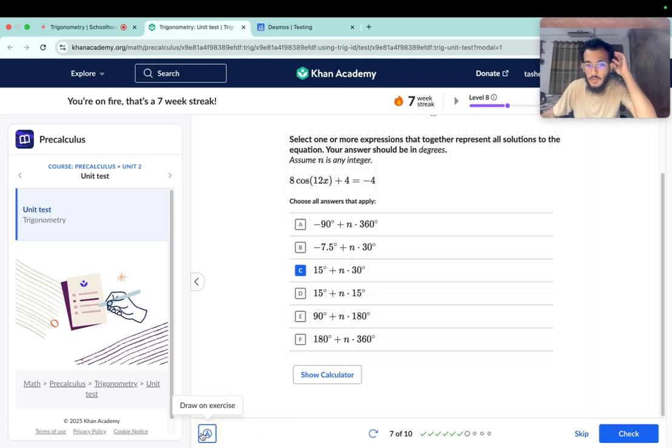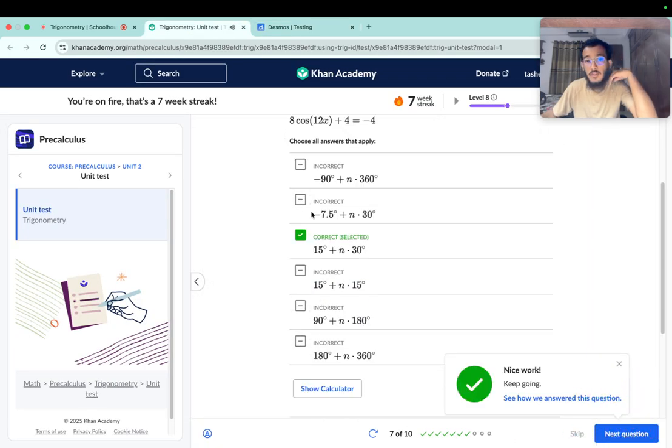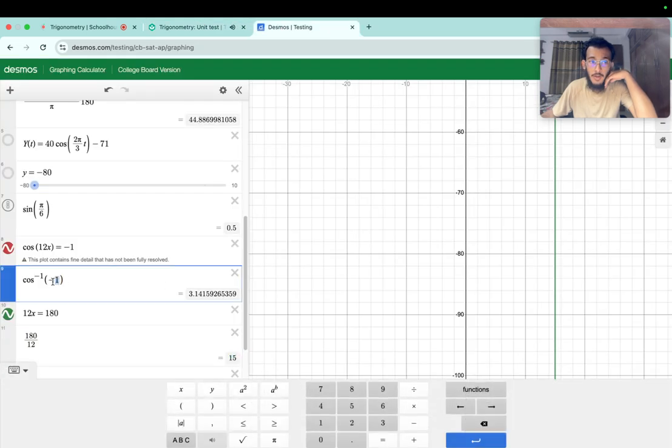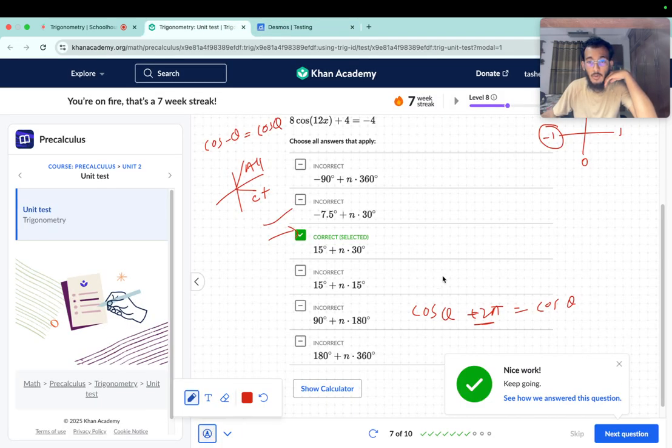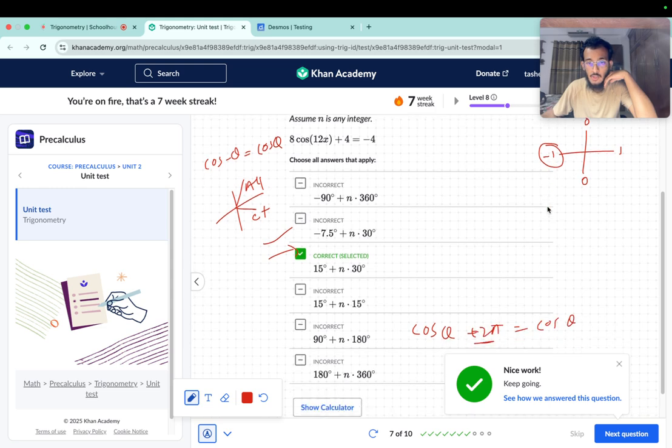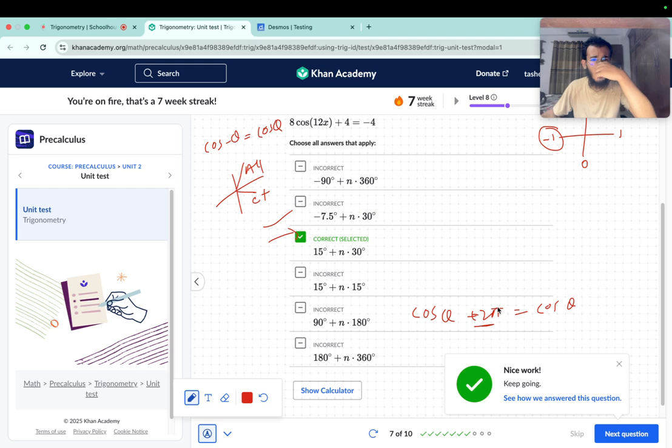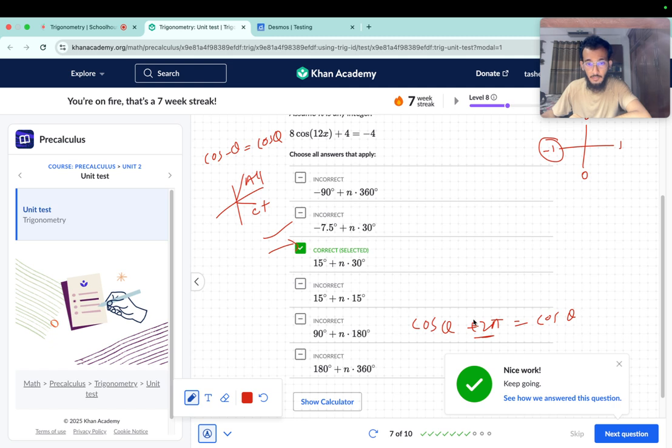I think this is the only solution, because cos is negative 1. That can only happen at one instance. So we will get all our answers from only this identity, and we don't have to use this identity.